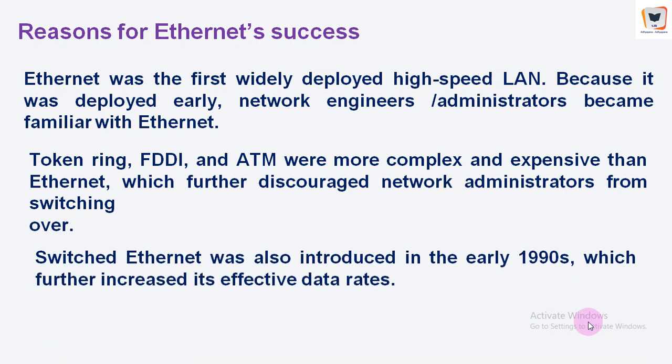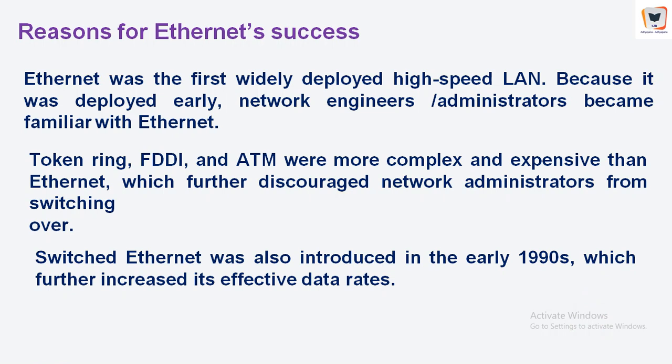Thirdly, the most compelling reason to switch to another LAN technology such as FDDI or ATM was usually the higher data rate of the new technology. However, Ethernet always fought back, producing versions that operated at equal data rates or higher.